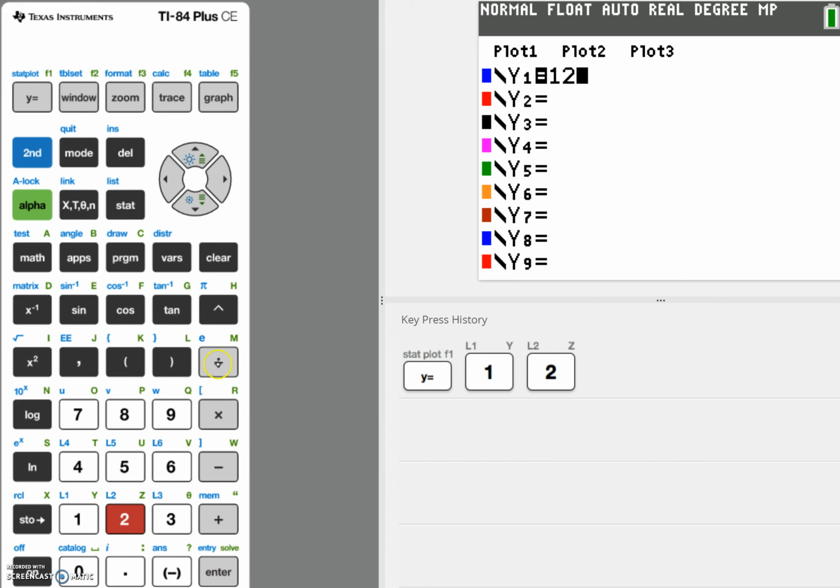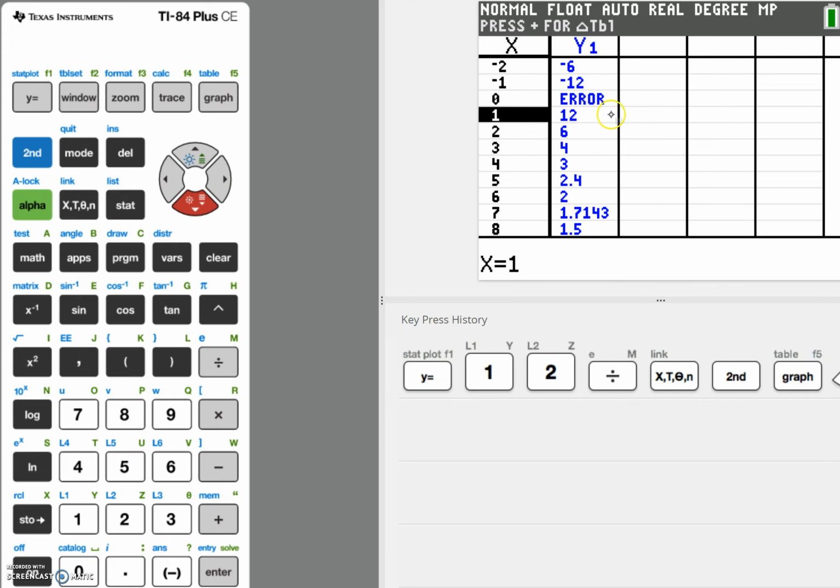From here, we're going to look at the table. We want to start when x is equal to 1 and look at the right-hand side. On the right-hand side, these are all the numbers that we're trying to find a perfect square for. So if you're starting when x equals 1, the largest perfect square will be closer to the top. So let's start with 12. 12 is not a perfect square, 6 is not a perfect square, but 4 is.